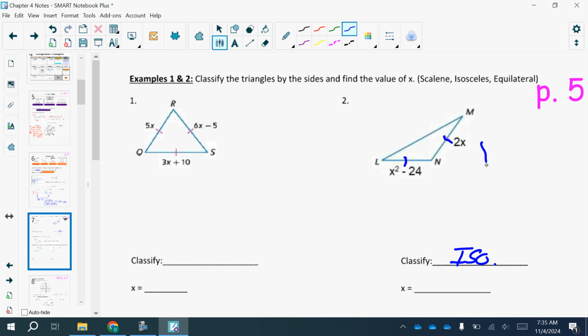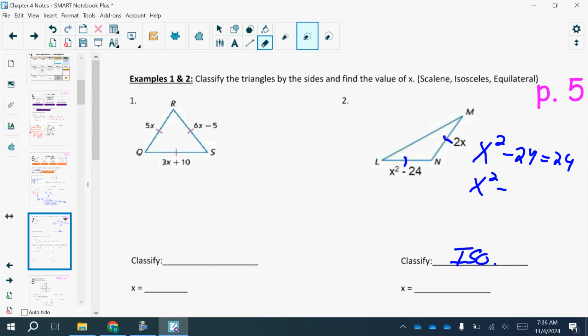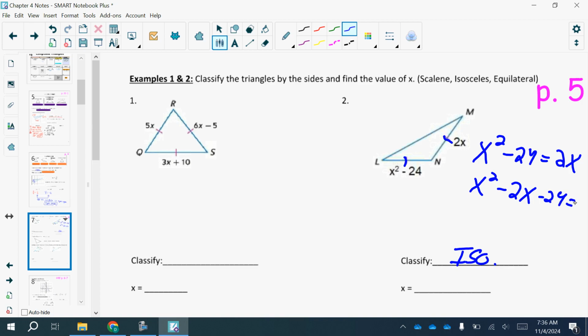To find x, if they're equal, we can just set these two sides equal to one another. So let's solve. My bad. We just move this 2x over, and we have it set equal to 0. Now we factor.